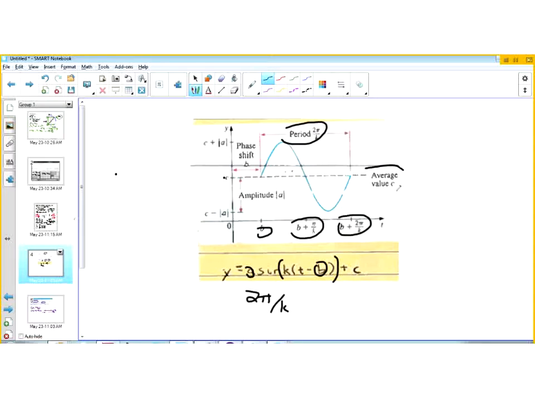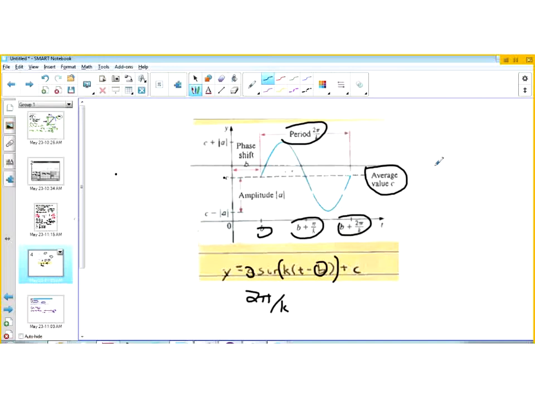What we get then is that c is considered to be what's called the average value of the function. An average value is just like any other average: you add up all the numbers and divide by the count of the numbers. But in this case, we have an infinite number of points on the blue curve.